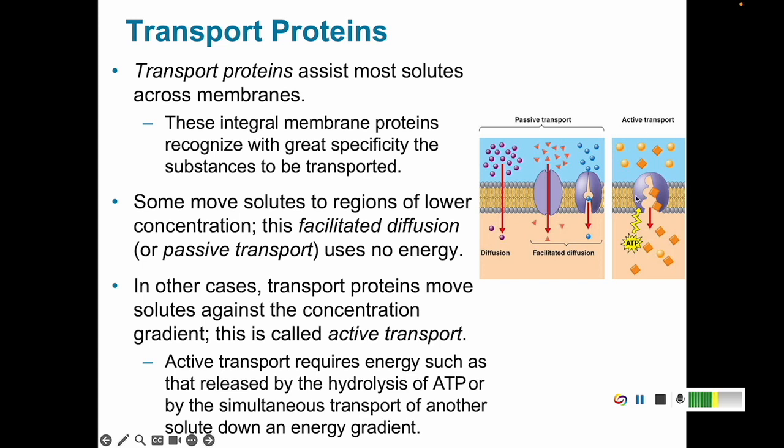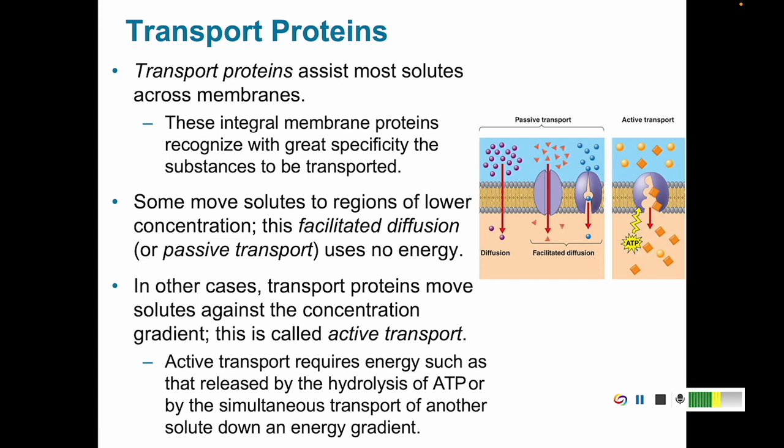Active transport is using a transport protein and moving things against the concentration gradient. So you can see it's not like there's just a little bit of these molecules here. It's going to selectively move these diamonds inside the cell, and it's selectively moving these circles outside of the cell against their gradient. Because it's moving against that concentration gradient, it is going to require energy.